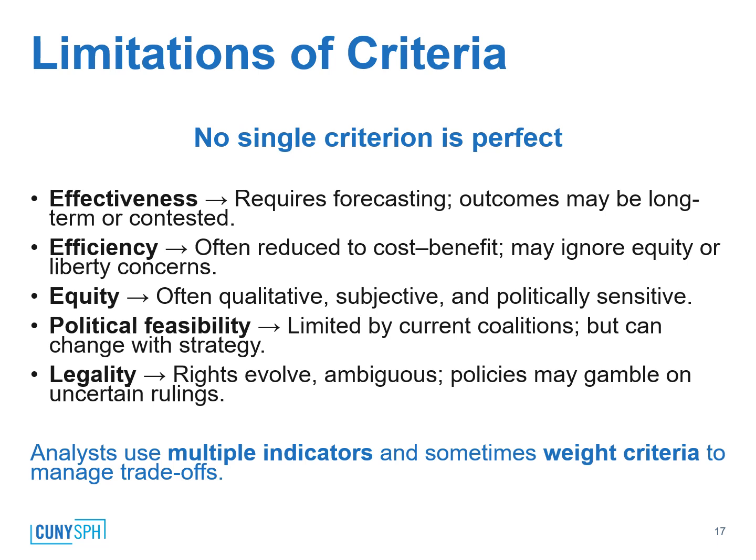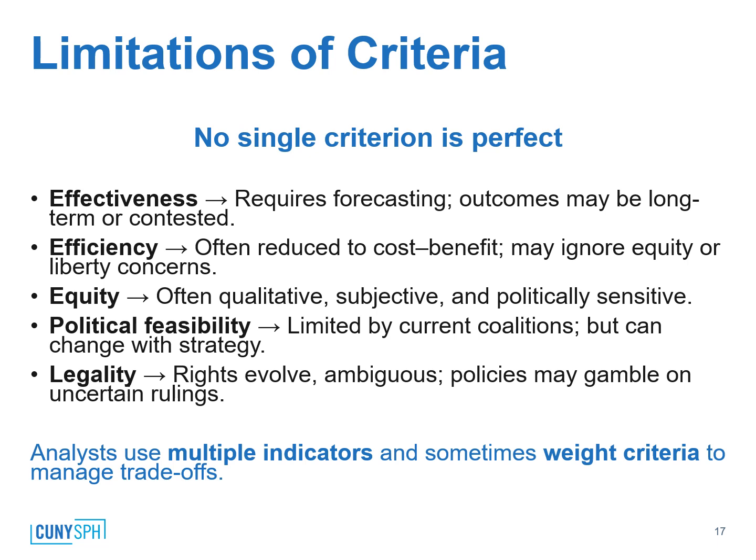Efficiency can be powerful, but it risks narrowing the debate to costs and benefits while ignoring fairness or personal liberty. A program may be efficient on paper, but inequitable in practice. Equity involves value judgments. For example, is it more fair to prioritize the poorest or to treat everyone equally? These debates are subjective and often politically charged.